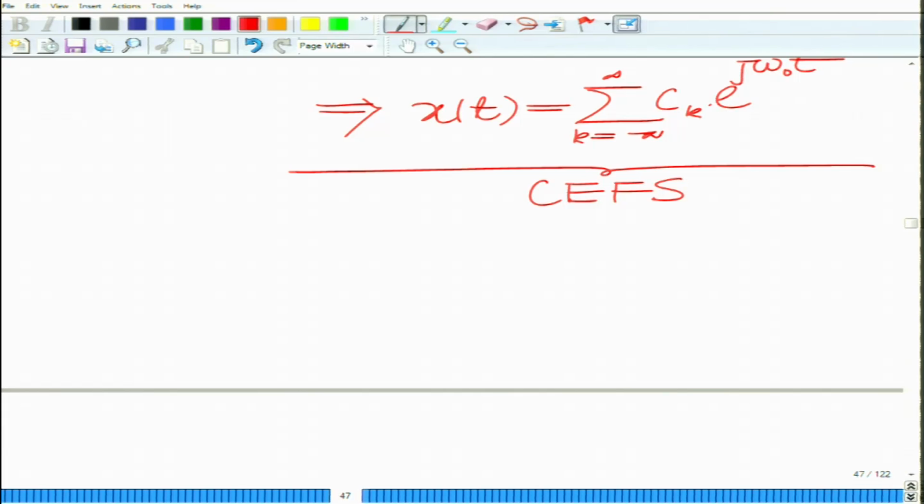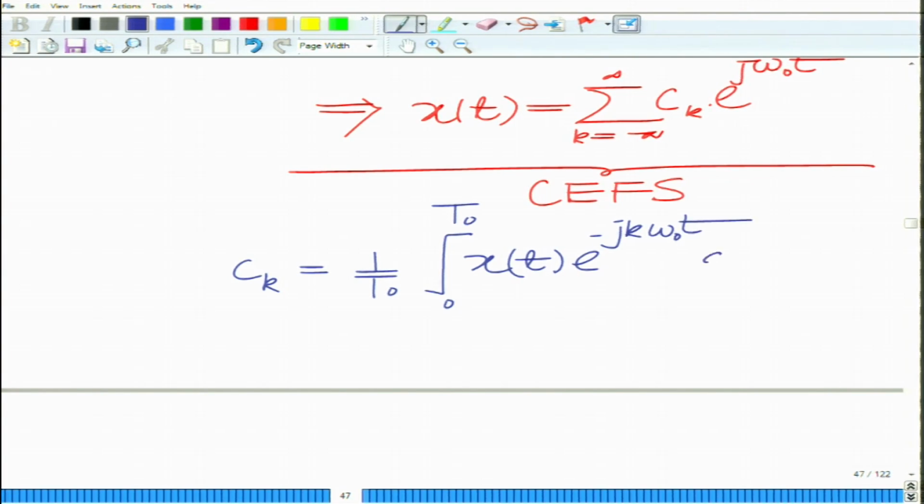Okay. And now the coefficient Ck can be found as, remember, 1 over T naught integral, you can find it from 0 to T naught or any contiguous period of duration T naught, of x(t) e raised to minus j k omega naught t dt.